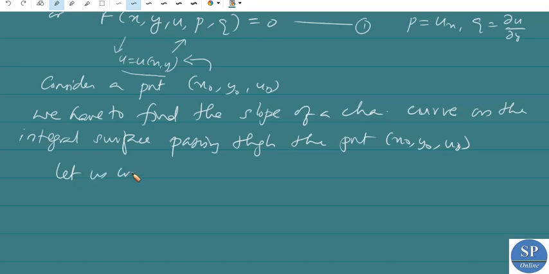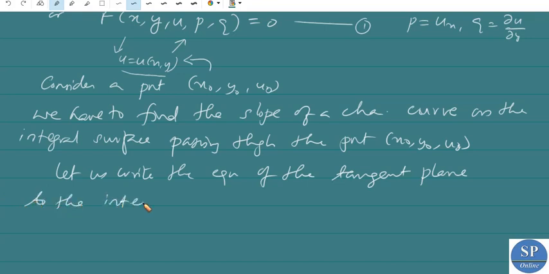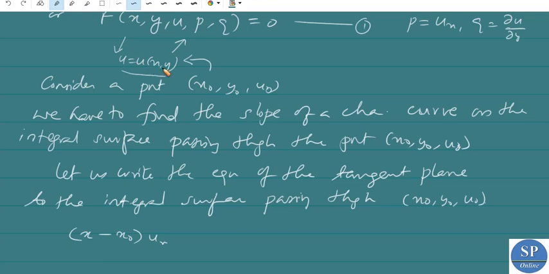Let us write the equation of the tangent plane to the integral surface passing through the point (x0, y0, u0). Here u is the dependent variable and x and y are the independent variables.